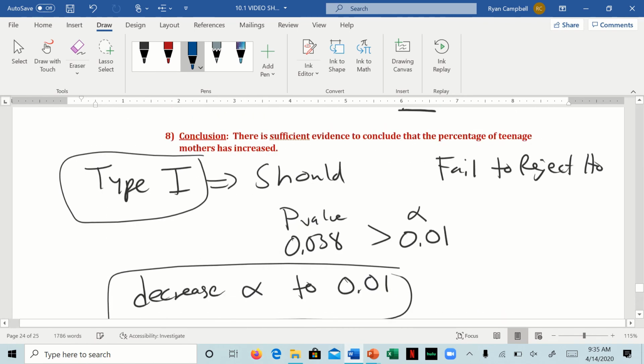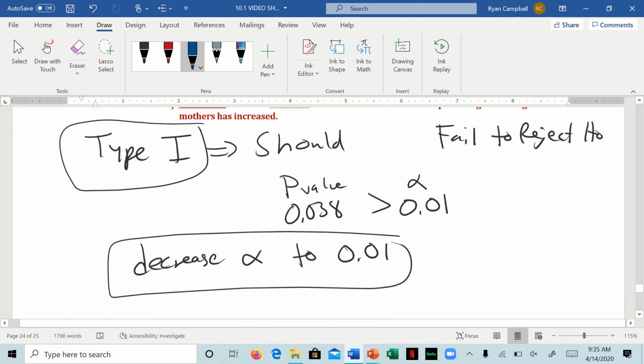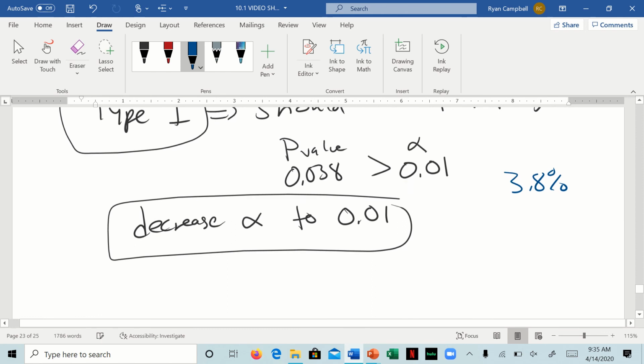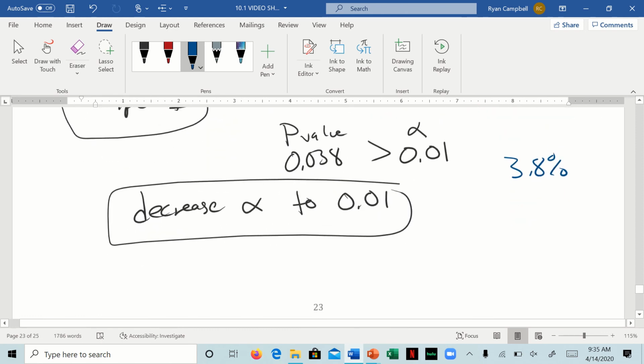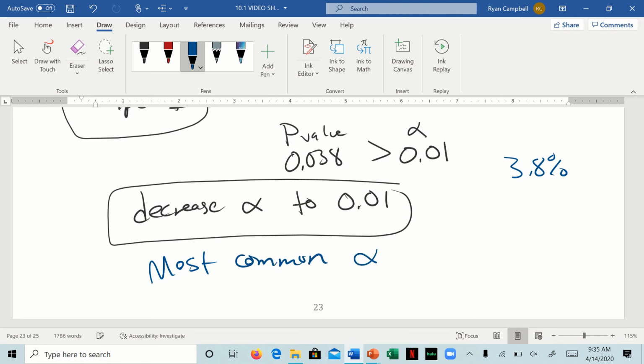Let's keep going backwards. So part B. So we said that the value was 3.8% for significance level. Maybe. There might have been an error. So the most common values for your significance level are 0.01, 0.05, and 0.10.